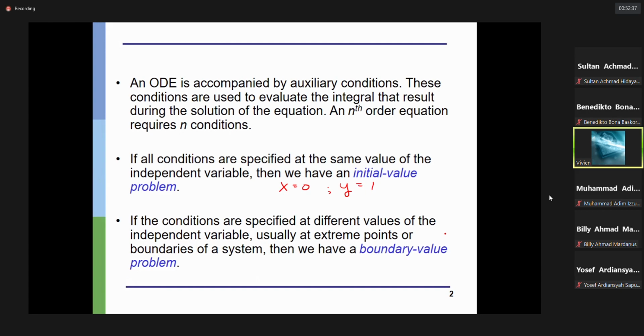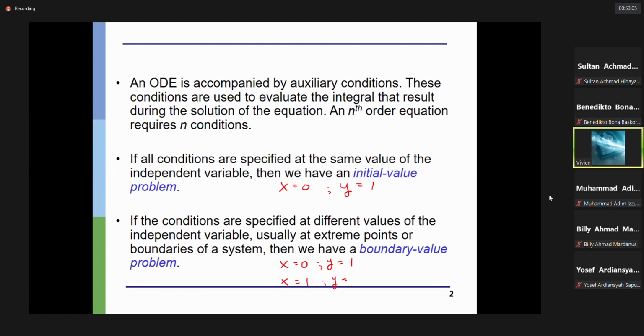Now we will look at another ODE in which we use different values of the independent variable. Usually we can use extreme points or boundaries of a system. So for example, we have the value of x at 0, in which we have the value of 1, for example, and we have another point in which, for example, x is 1.